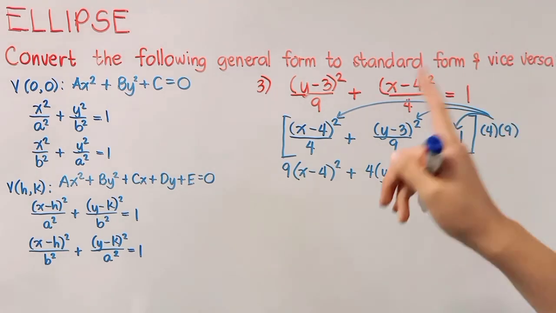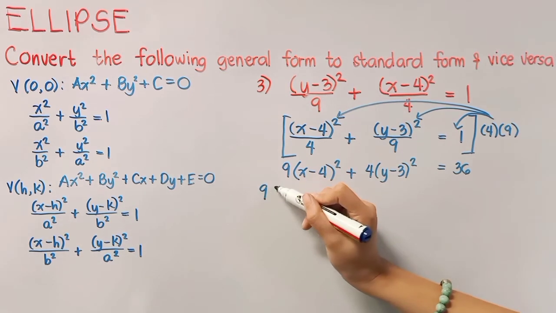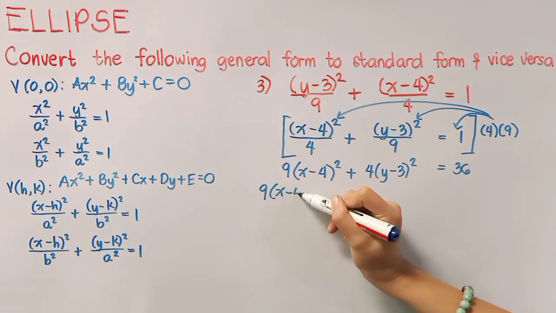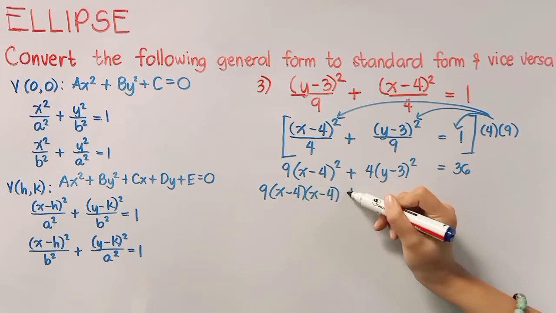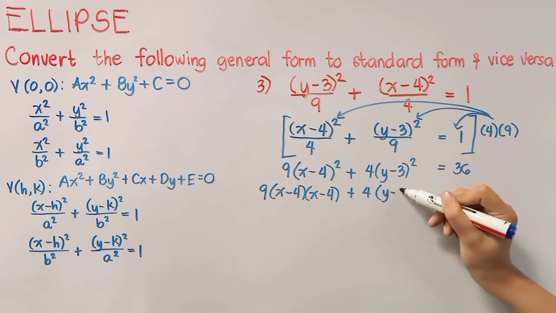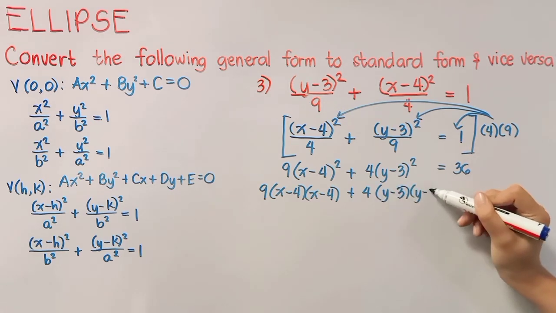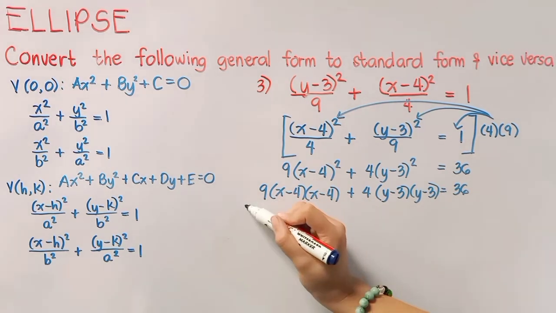In our first term here, we have to expand this binomial, so we have here x minus 4 multiplied to itself. Same with the second term here, we also have to multiply y minus 3 to itself. Let us now perform the FOIL method.